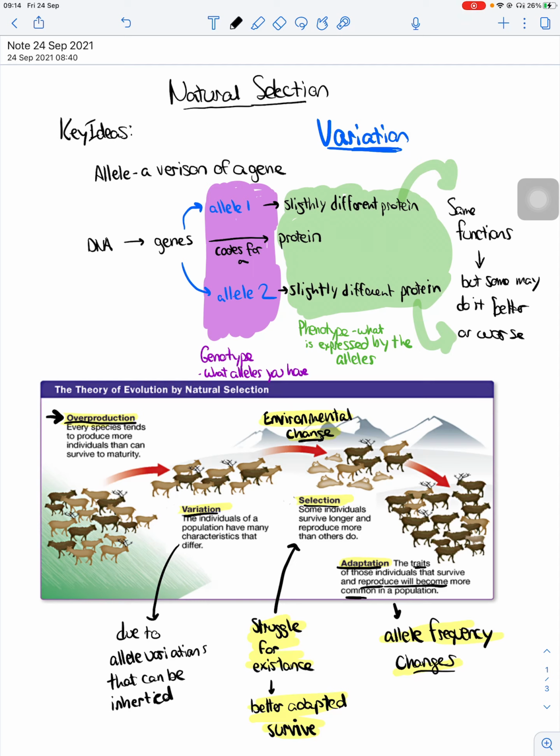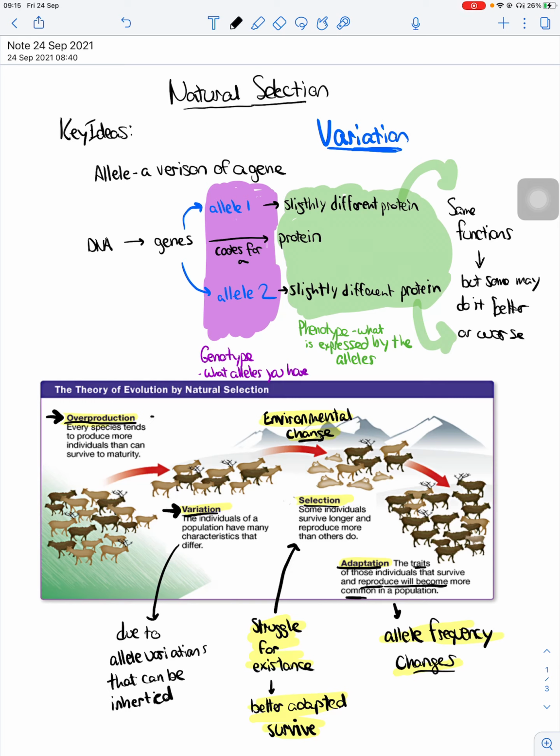And the second thing he noticed was there's variation. Organisms aren't exactly the same. There's slight differences in all kinds of things: height, hair color, and then at the molecular level in our bodies, some of our cells work slightly better than other people's, and some enzymes work better, some don't.